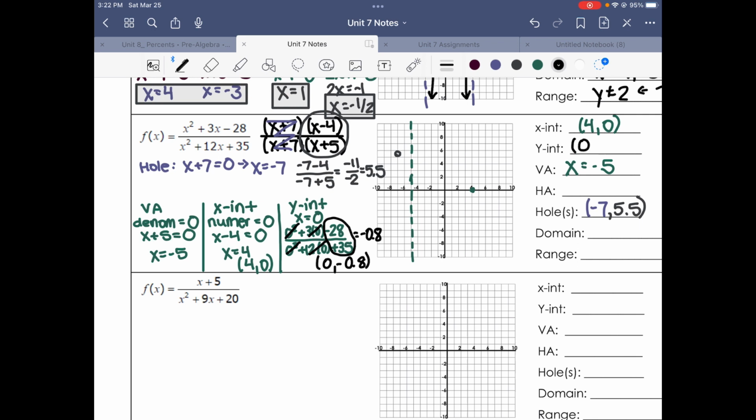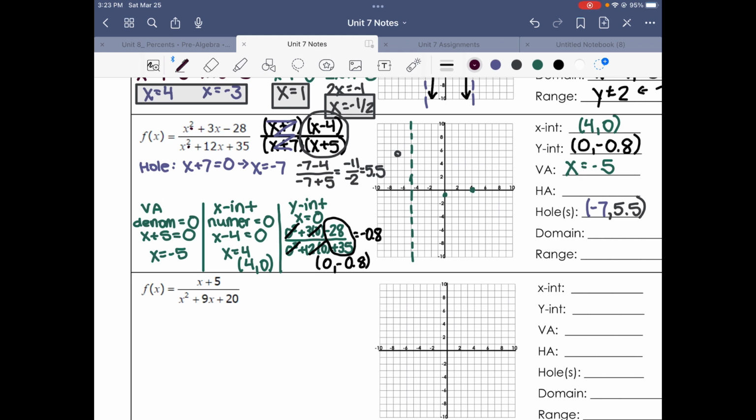As I go to graph this, I'm going to realize that negative 0.8 is pretty close to negative 1. So on the y-axis, I'm going to go down almost 1 and put my point right there. Then for my horizontal asymptote, that's where I have to check the degree.